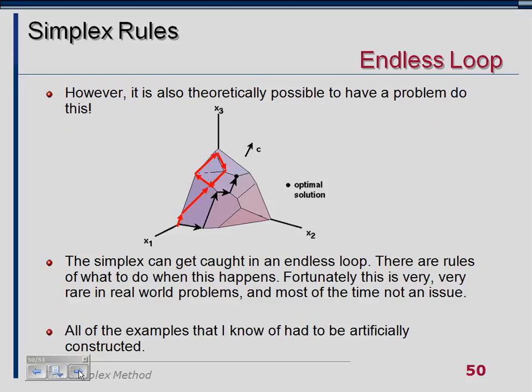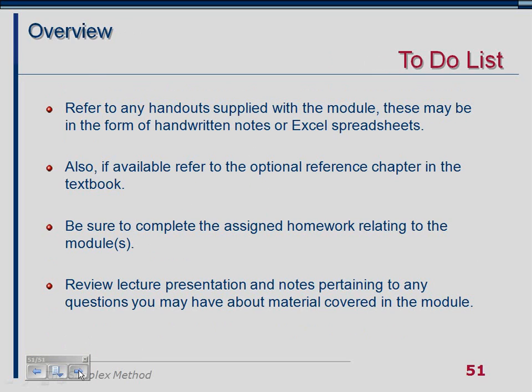So it's just not worth wasting computer time to check to see if you're caught in this endless loop. And any example that I've ever seen of this actually had to be artificially constructed by some mathematician just to show it could be done. And the parameters are set such that usually you would never have a problem that would do this. But it is theoretically possible for this to happen. Okay? All right, any questions on this?